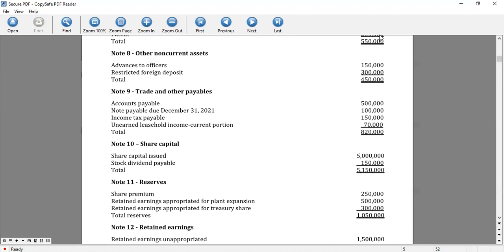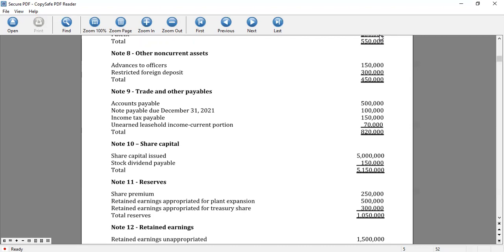So it means that the corporation reacquired its own stock, and it debited Socorro Corporation share capital at cost upon reacquisition. The debit of 300,000 and credit to cash. Supposed to be the debit is treasury stock. And finally, record the appropriation by debiting the account retained earnings unappropriated and credit to retained earnings appropriated for treasury stock.